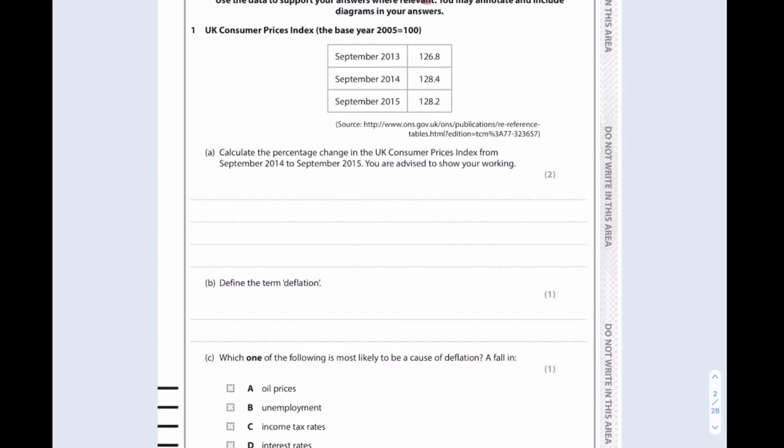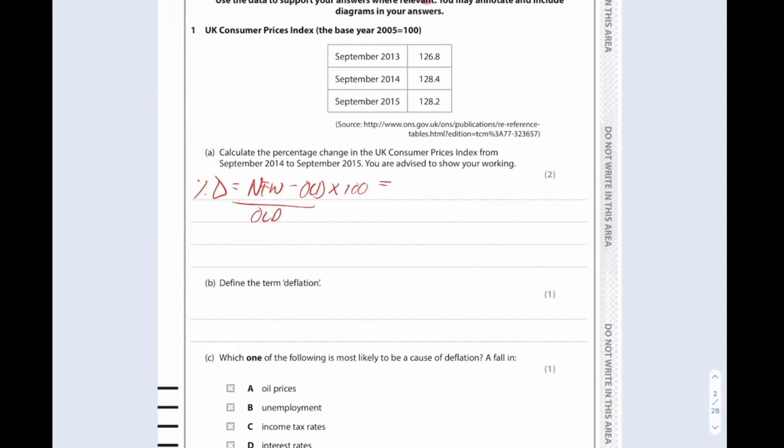Okay, so UK CPI base year is 2005. They've given us September 2013, 14 and 15. Calculate the percentage change in the UK Consumer Price Index from September 2014 to September 2015. You are advised to show your working. Percentage change is new minus old over old times 100.